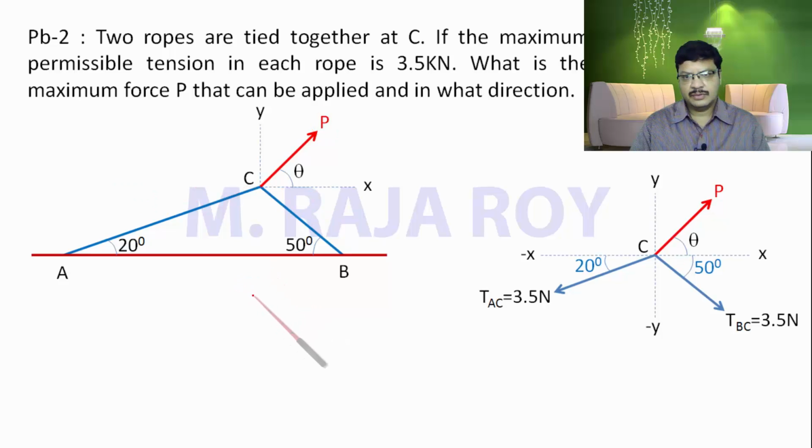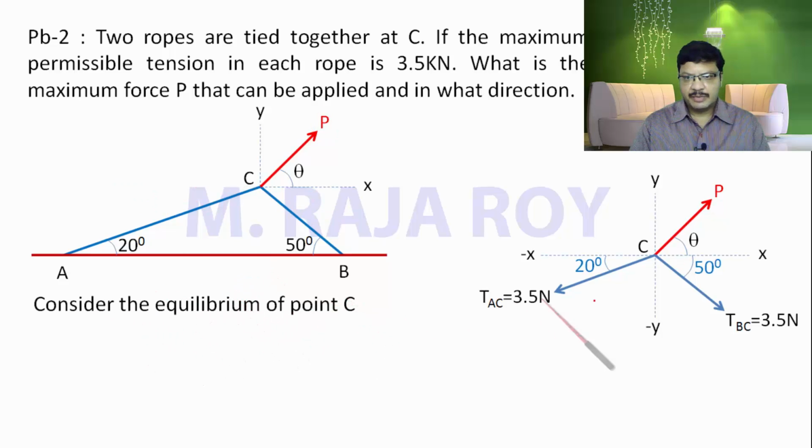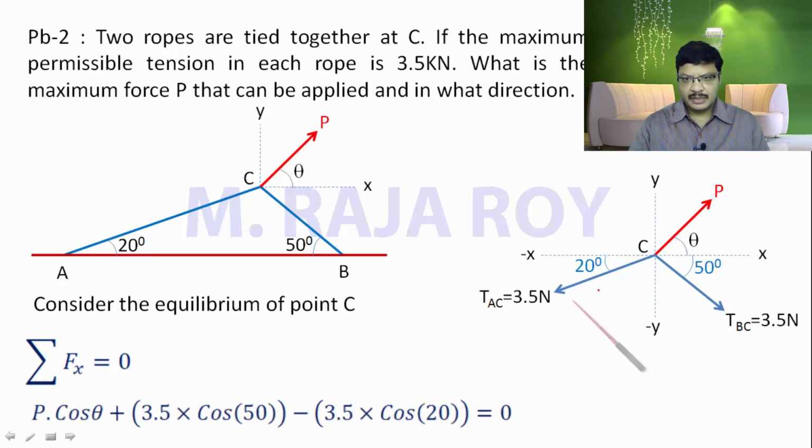Now consider the equilibrium of point C. Sigma Fx equal to 0. Suppose you take P, its component along the x direction is P cos theta. Then if you take this 3.5 force, its component along the x direction is 3.5 cos 50, that is positive.